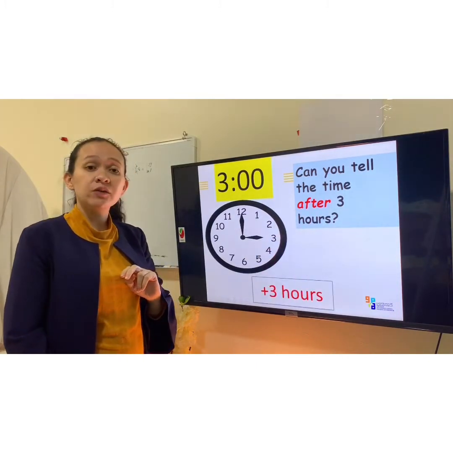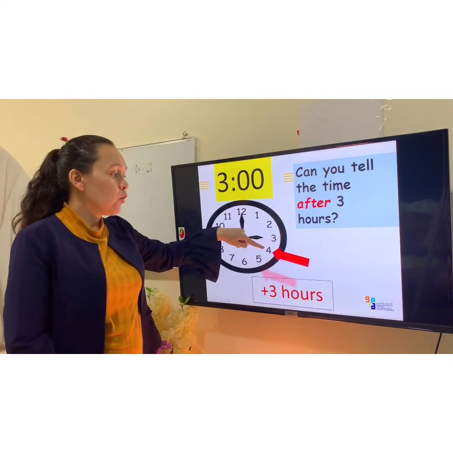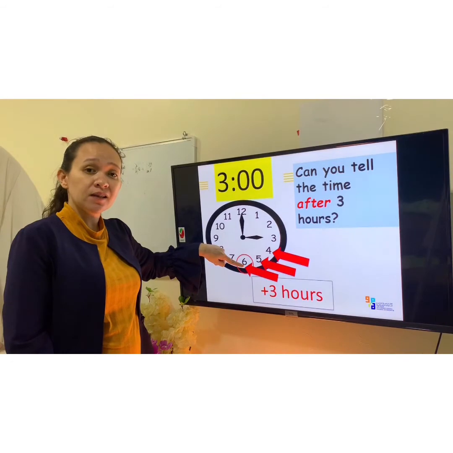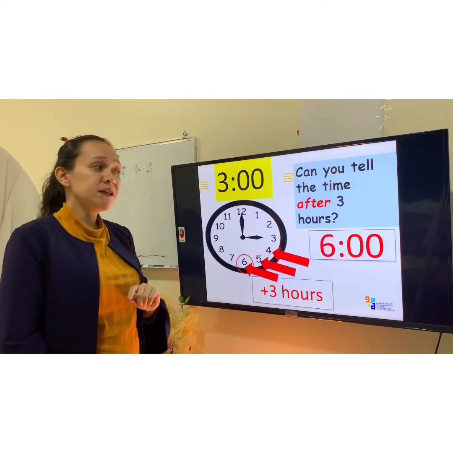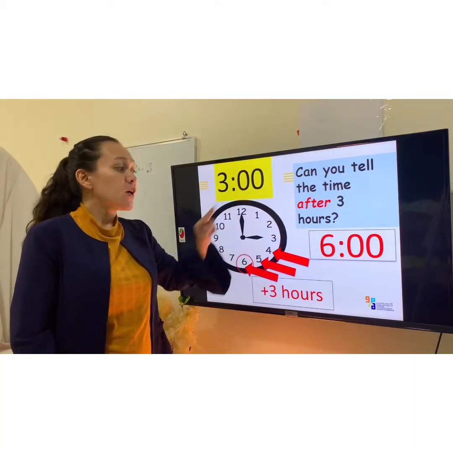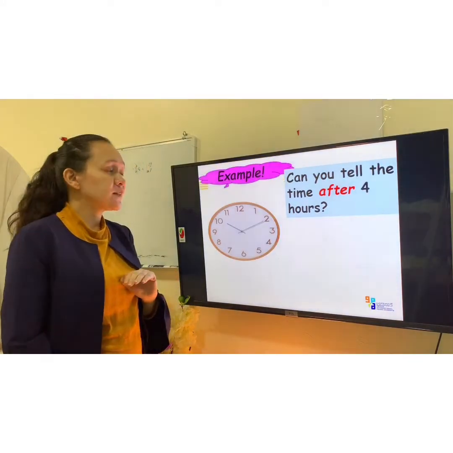Then we are going to count forward. From 3, we are going to count 1, 2, 3. So it stops at 6. So the time is 6. It means 3 hours after 3. The answer is 6.